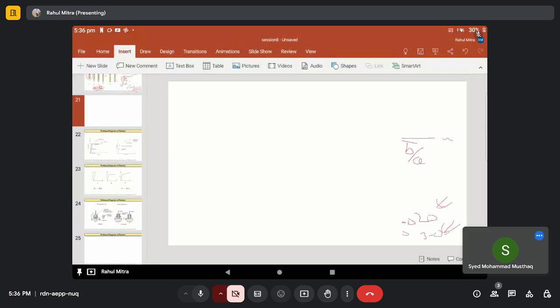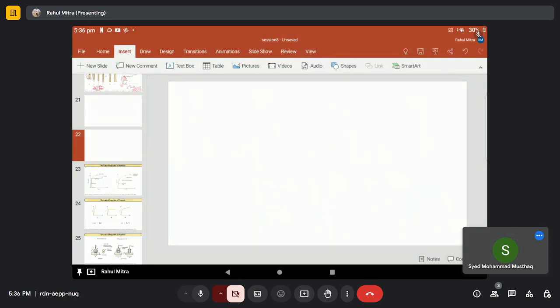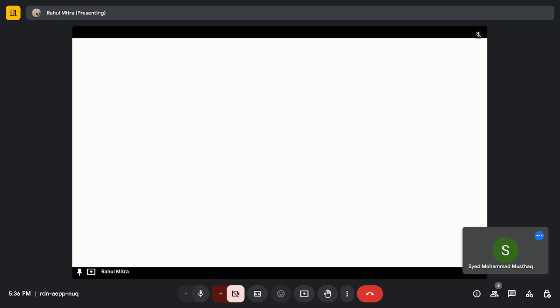Next slide. So the dominant mechanism of deformation is because of the dislocation motion, right?